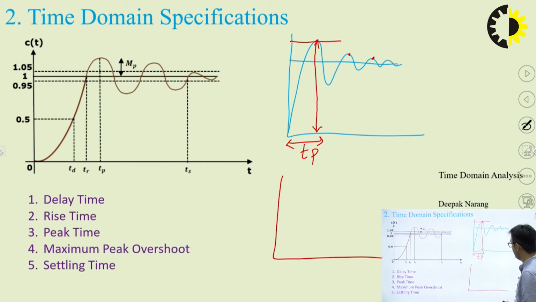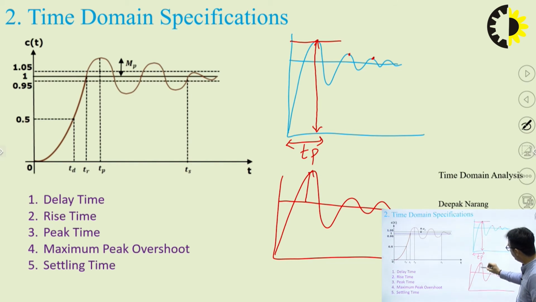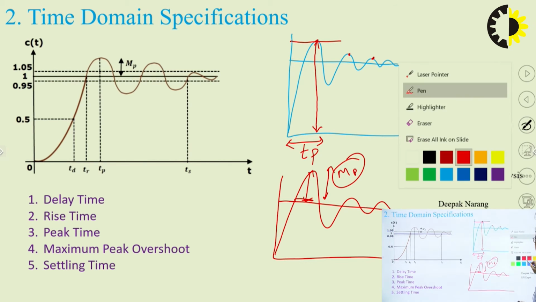And what is maximum overshoot? This magnitude, obtained by the response, how far it has gone from its final value, represents the maximum peak overshoot. Next is settling time.